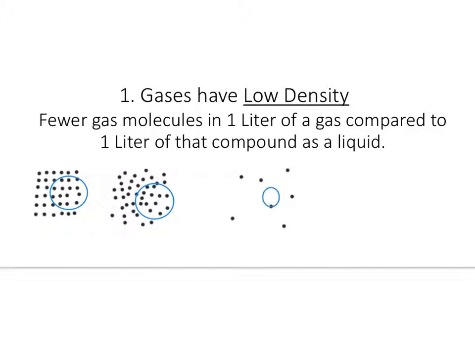If I draw a circle of that same size in a gas, I get about 2. That is what we call a low density. In the same space, there are less molecules in a gas than there are in a solid or a liquid. That is one main property that sets gases apart from solids and liquids.